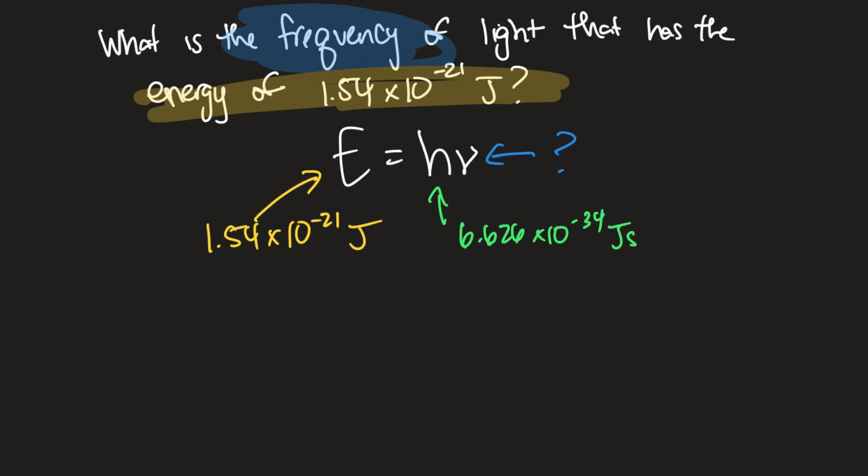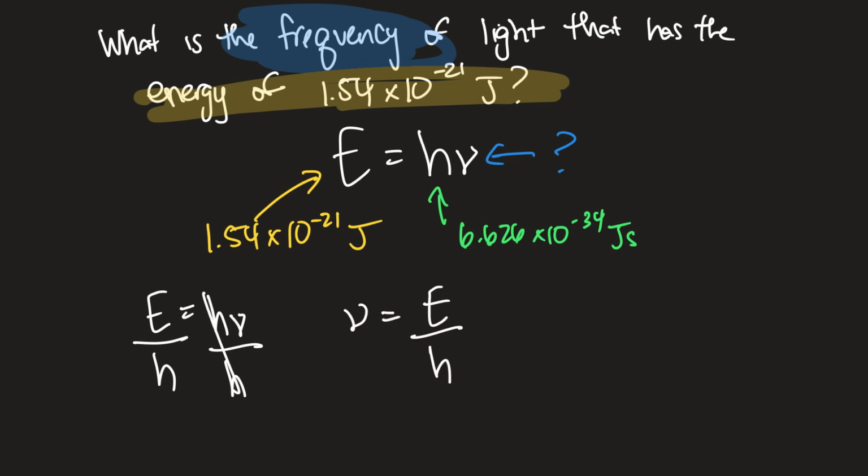Knowing that I'm solving for nu, or frequency, E is equal to Planck's constant times frequency. I'm going to divide out the Planck's constant; what I do to one side, I do to the other. So frequency is equal to energy over Planck's constant.